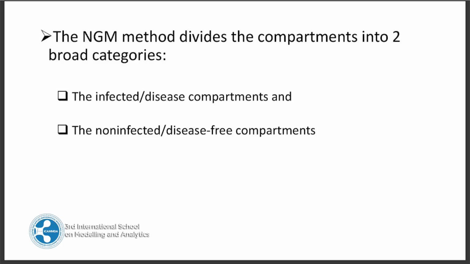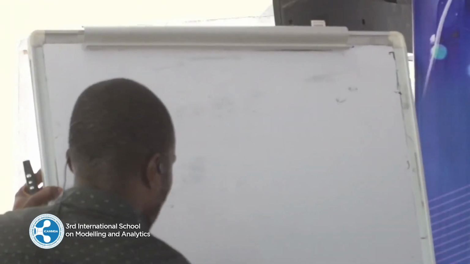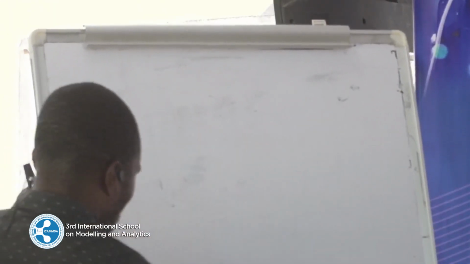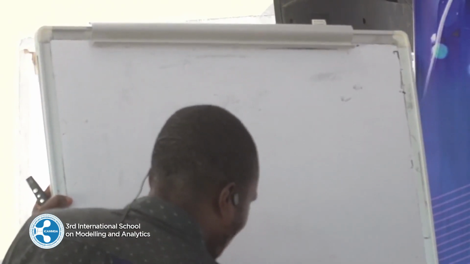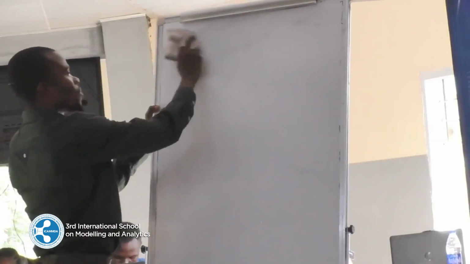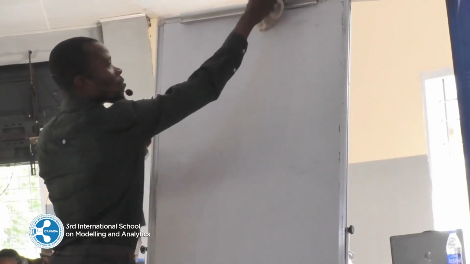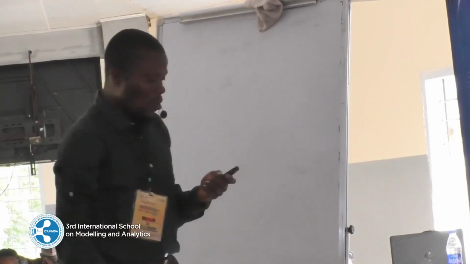In the case of the SEIR model, what are the infected compartments? E and I. So we have E and I.